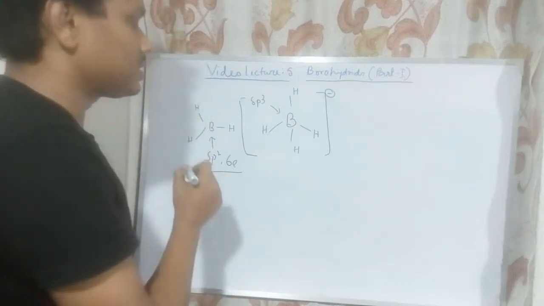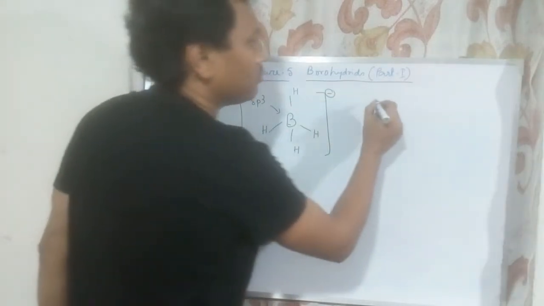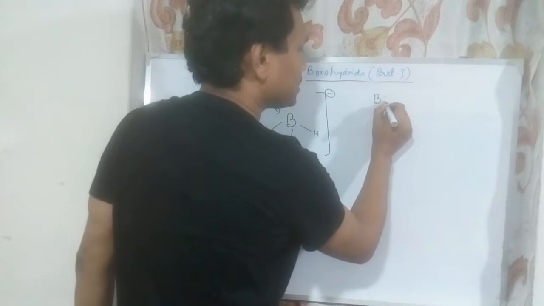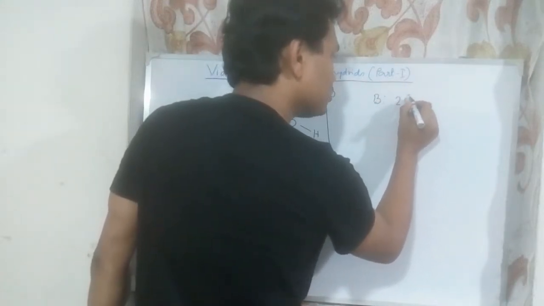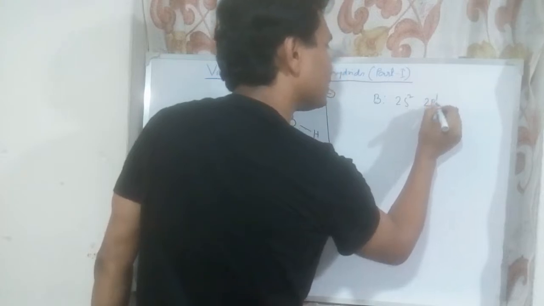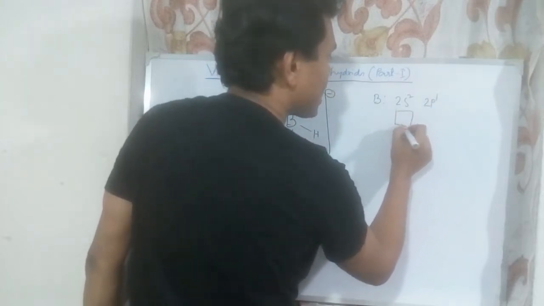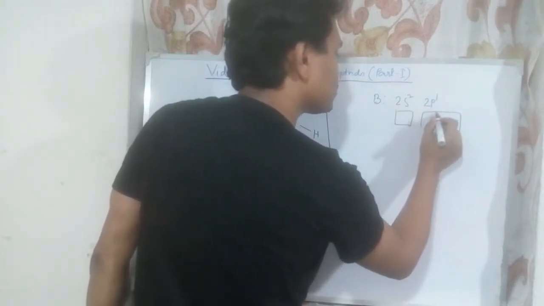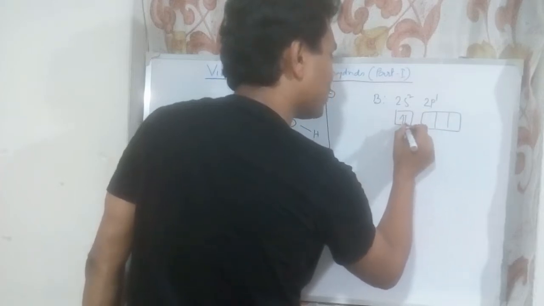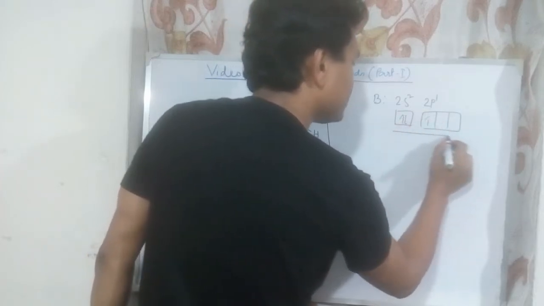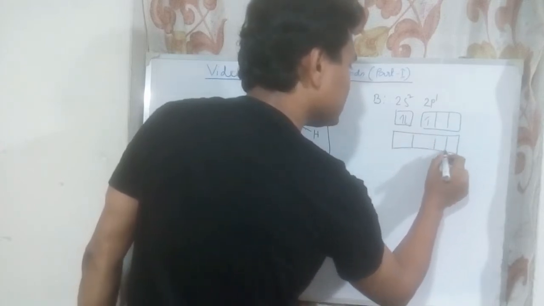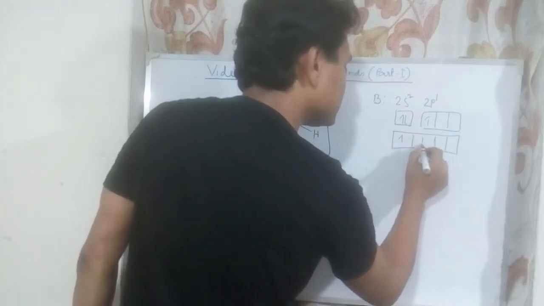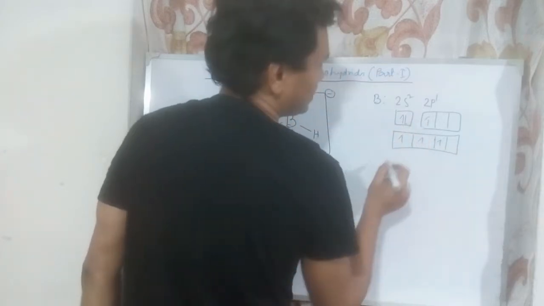So let's check its hybridization. Boron's valence shell configuration is 2s2 2p1. So the s orbital contains 2 electrons and p contains 1. When it hybridizes into 4 sp3 orbitals, then 3 orbitals are singly occupied and 1 is vacant.